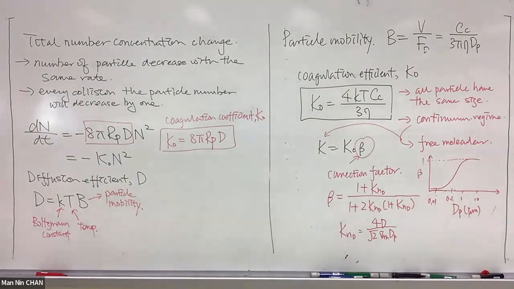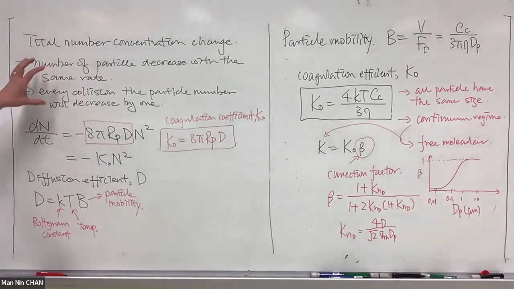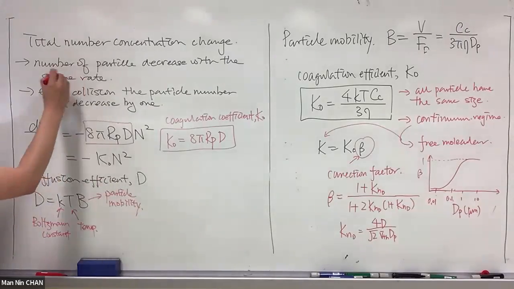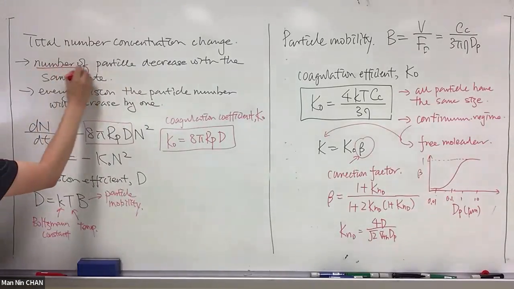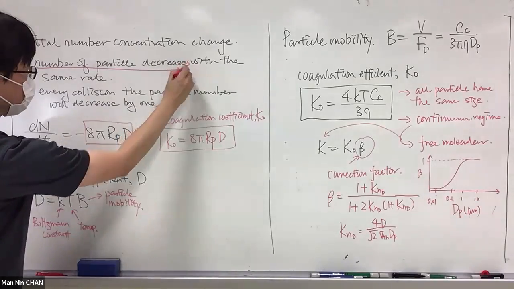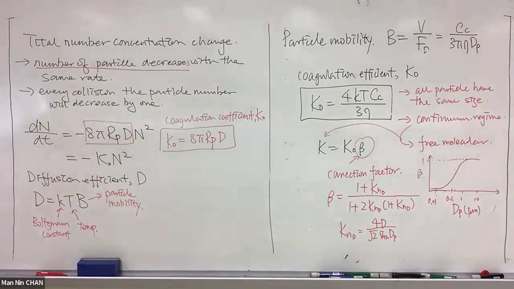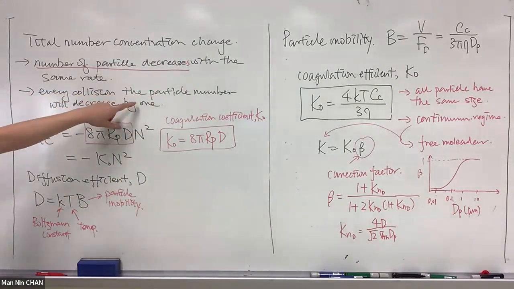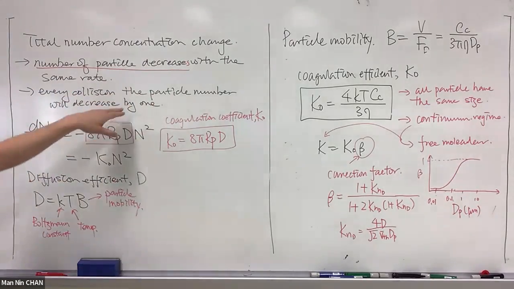Okay, and I also want to go back to this term. Like I mentioned, when coagulation happens, your number of particles will decrease over time. Every time a collision happens, your particle number will always decrease by 1.